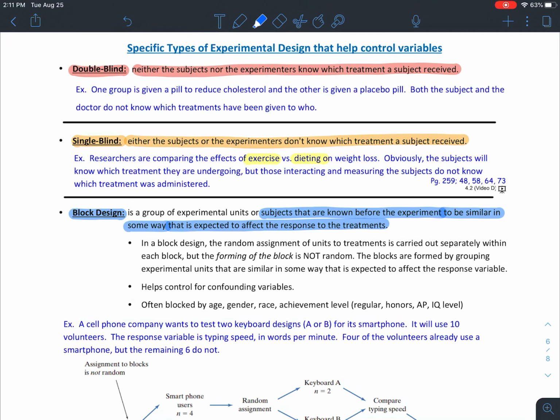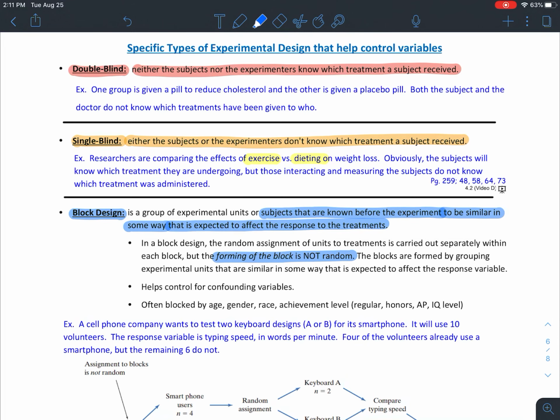They have some similar characteristic that you would maybe think could affect the response variable in some way. Okay, so what happens in a block design is you're still randomly assigning treatments to the units, or the units to the treatment, either way, but you carry it out separately within these blocks or groups of similar people.